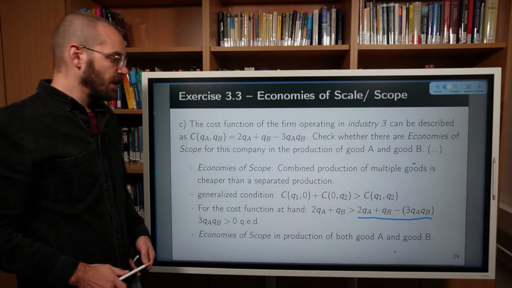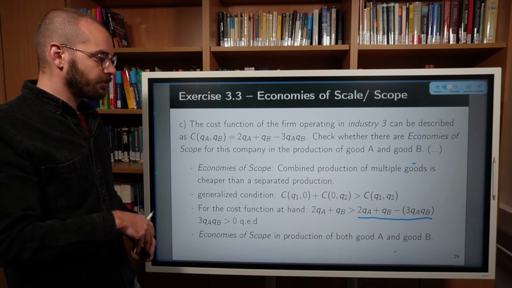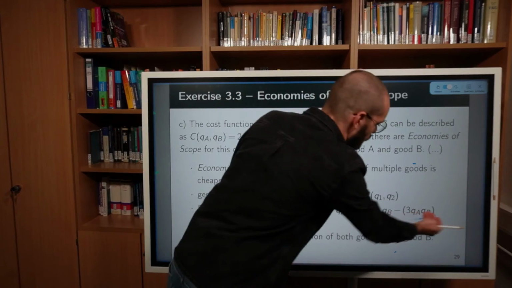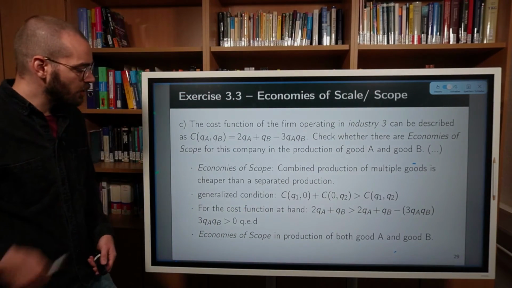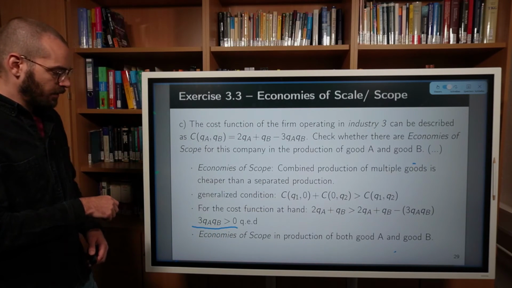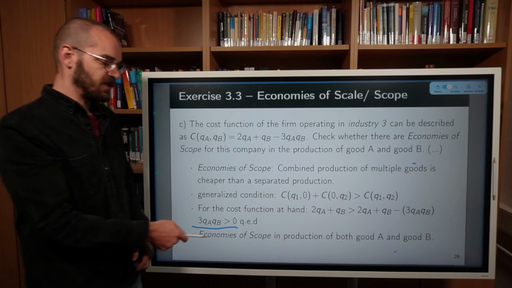Okay, and now we can rearrange this. We can bring all of the QAs and QBs on one side and can thereby show that this expression is larger than 0.